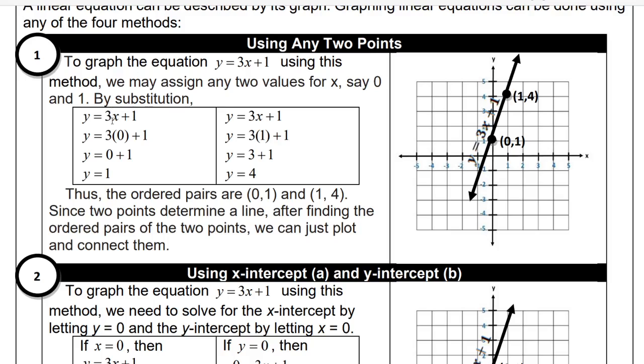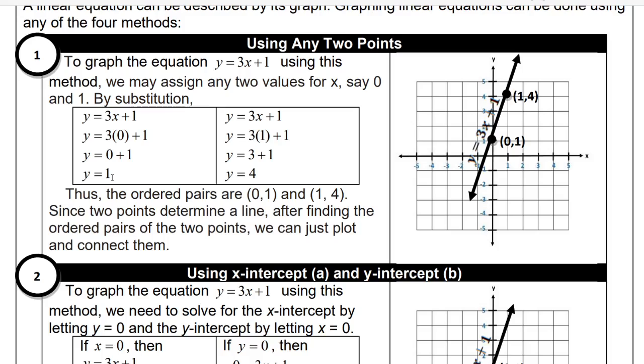So when your x, from the equation, by the way, our equation is y equals 3x plus 1. And your x is 0. So just 3 times 0 plus 1. 3 times 0 is equal to 0 plus 1. 0 plus 1 is 1.